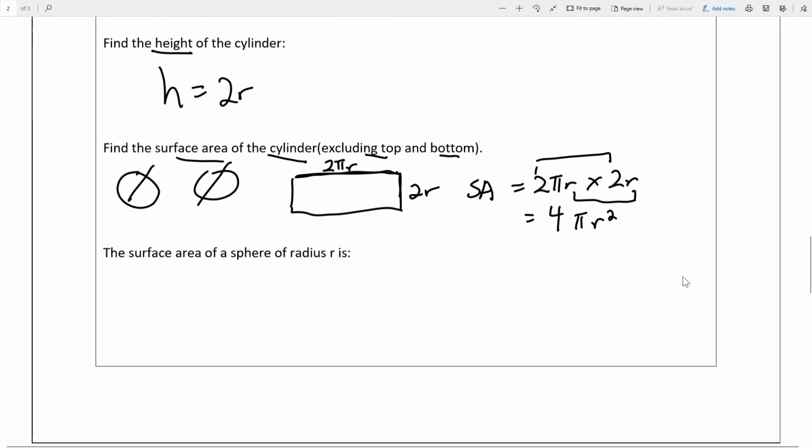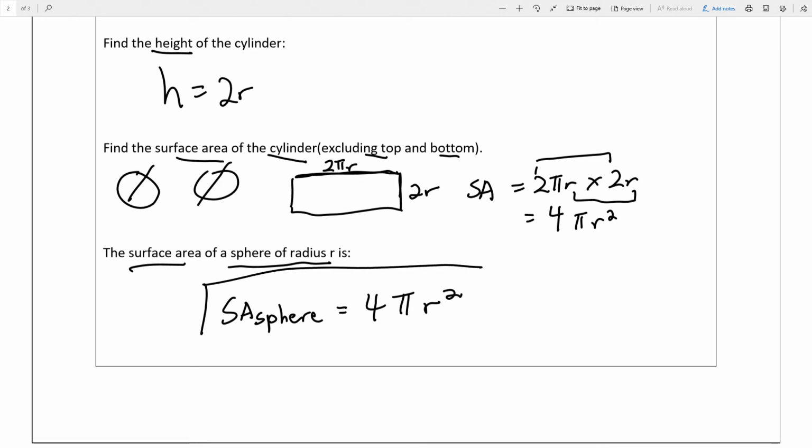And that's going to be the surface area of the sphere, because that's the assumption we made at the beginning. The surface area of the sphere is going to be equal to 4 times pi times the radius of the sphere squared. Excellent.